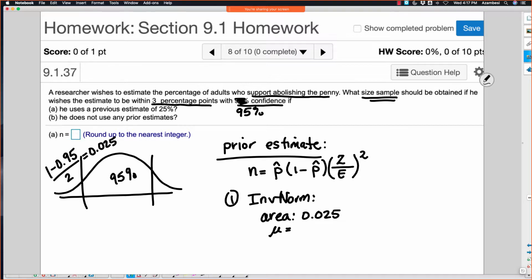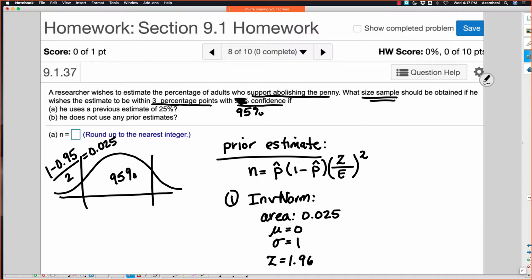Mu is equal to 0, sigma is equal to 1. Which gives me a value of z equal to 1.96.